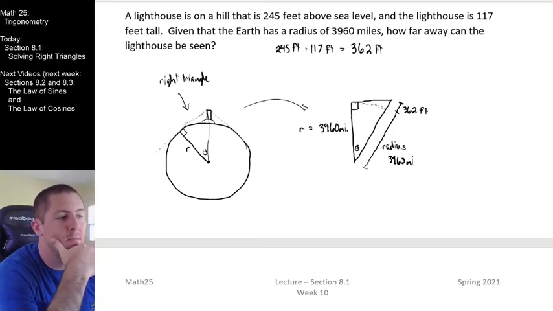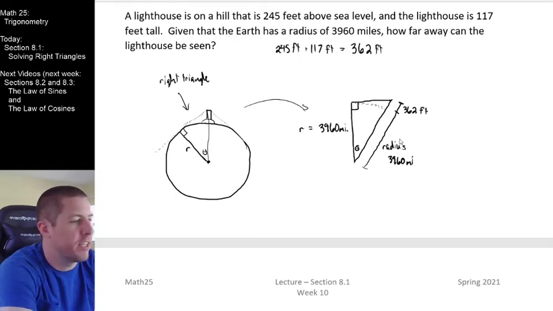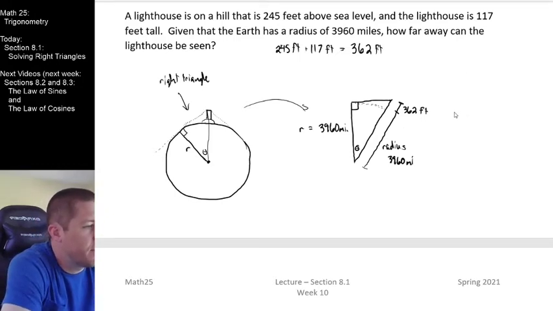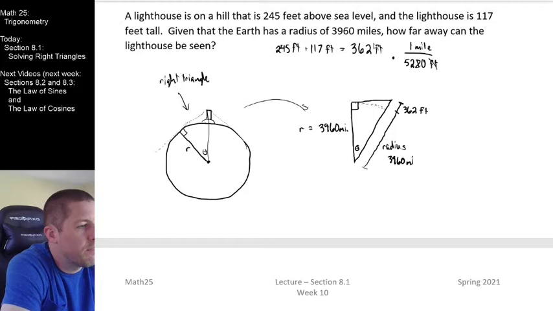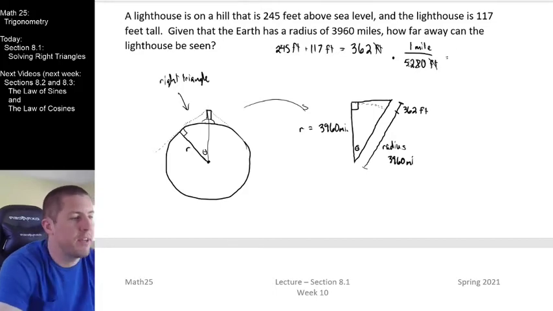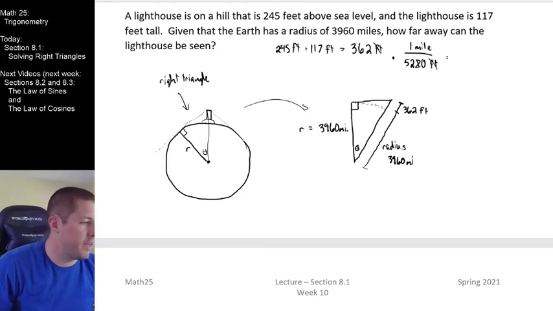Now, one of my problems right now is it looks like we're mixing and matching units, so that's not really good for me here. So let's go ahead and convert this. What is it that I really want to know? 362 feet. Let's multiply this by 5,280 feet in a mile. So I cancel feet with feet, and 362 over 5280.